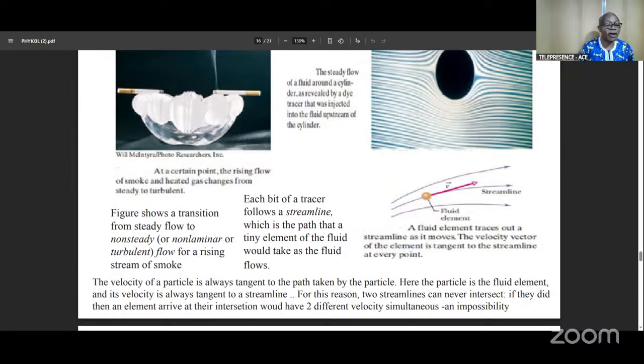So the velocity of a particle is always tangent to the path taken by the particle. Here, the particle is a fluid element, and its velocity is tangent to a streamline. For this reason, two streamlines can never intersect. I hope you are taking note of all of these theoretical considerations when we want to talk about fluid flow. Very, very important.